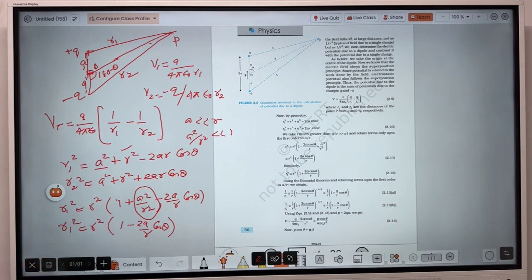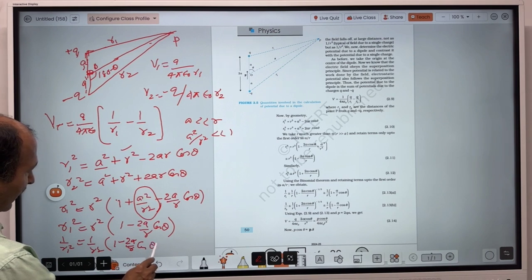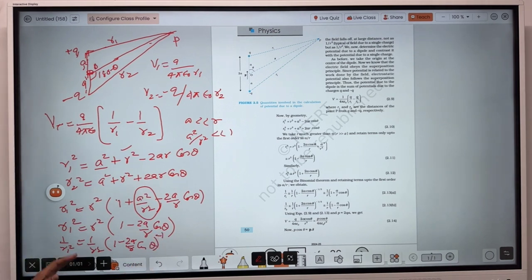Up to here, any problem? No. Keep in mind, you have to find out 1 upon R1. Here you have got R1 square. Now you have to invert it. So 1 upon R1 square will become 1 upon R square, and this term will take a negative sign: 1 minus 2a upon R cos theta, to the power minus 1. Is it okay?